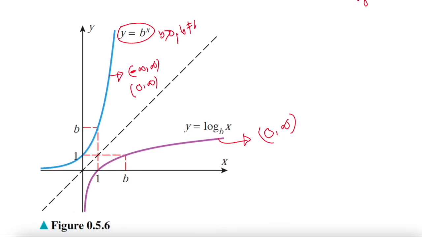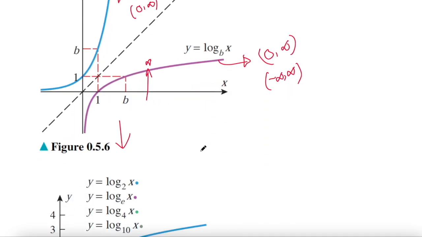And the range of y will be negative infinity to infinity. Now you see, the domain of exponential function is equal to the range of logarithmic function, and the range of exponential function is equal to the domain of logarithmic function. Therefore they are inverse functions.